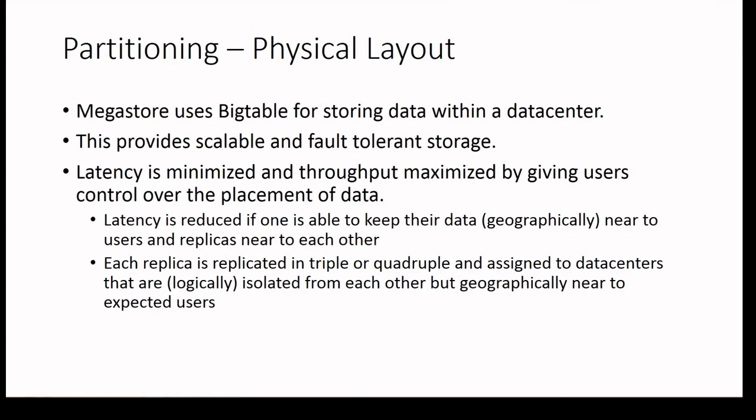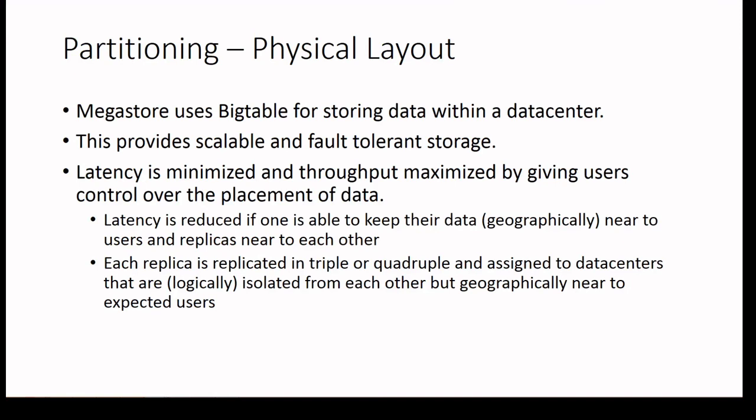But even outside of that, Bigtable brings some good advantages to the table. Bigtable is scalable. Bigtable has fault-tolerant storage. And you can minimize latency in Bigtable by controlling the placement of data. So again, this goes back to that whole idea of locality. If you can place your data physically near to your users, then you can reduce latency.